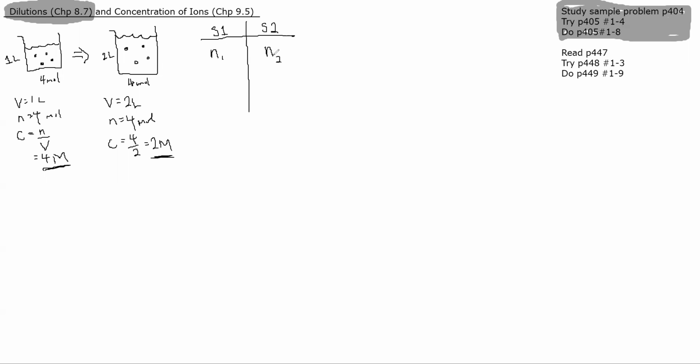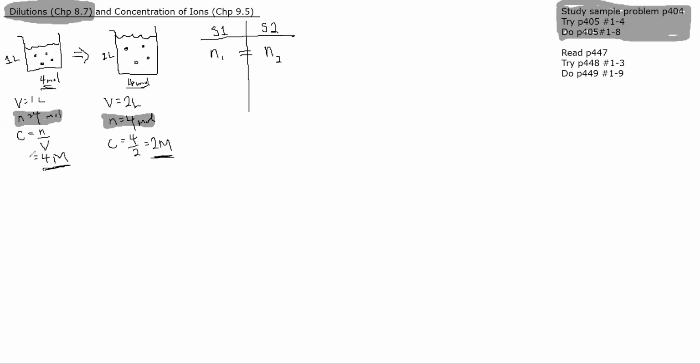Is the number of moles in the first solution and the second solution different? The answer is no. The number of moles, as we said, is the same. Okay, they're the same.